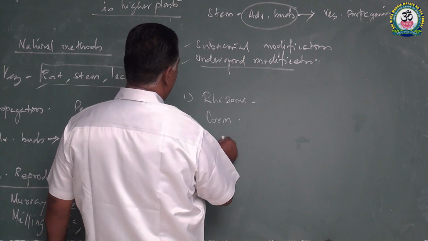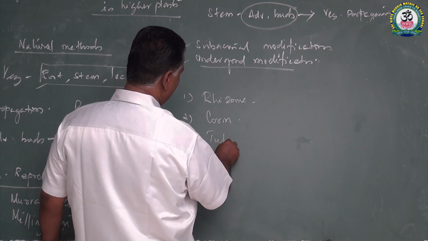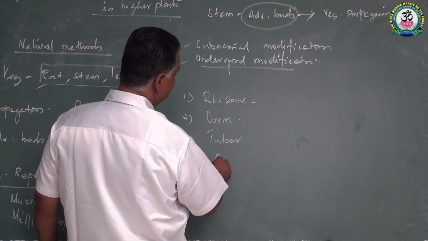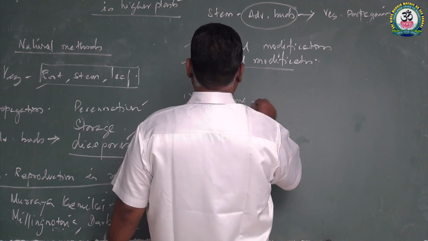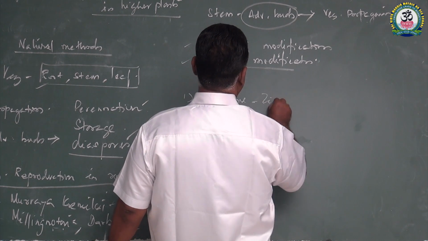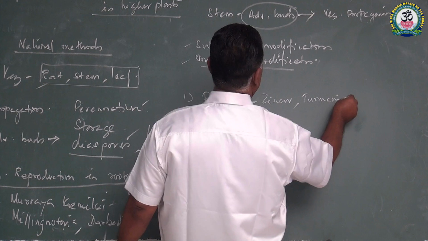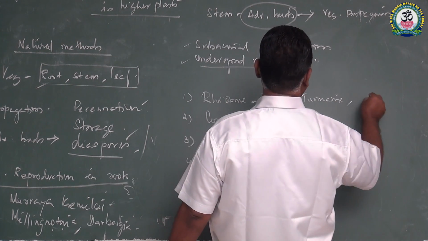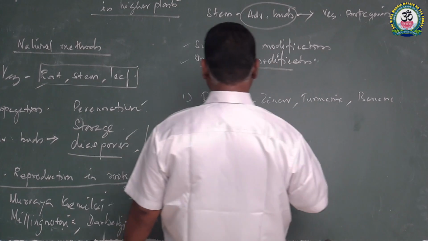Third is tuber. Fourth is bulb. We'll see them one by one. Rhizome, for example, ginger, turmeric, and banana.